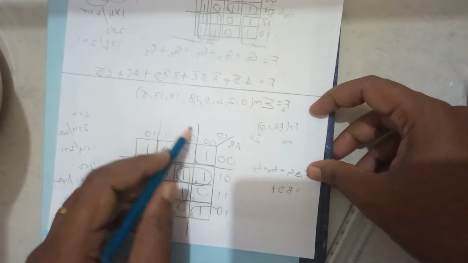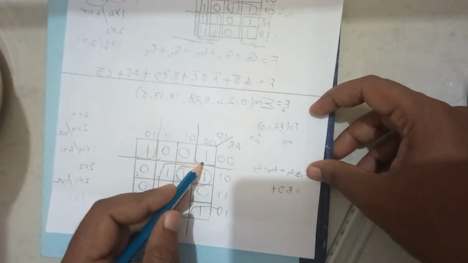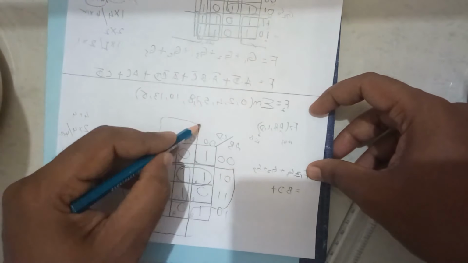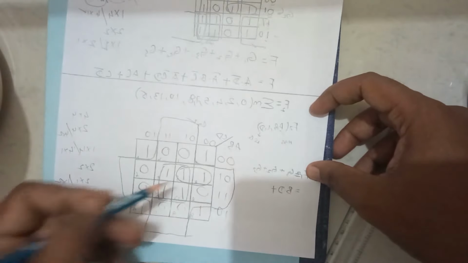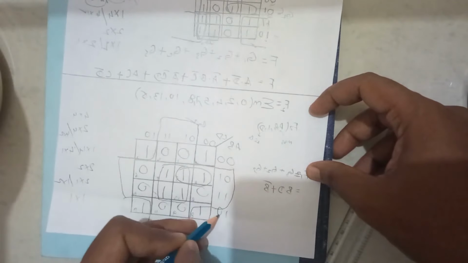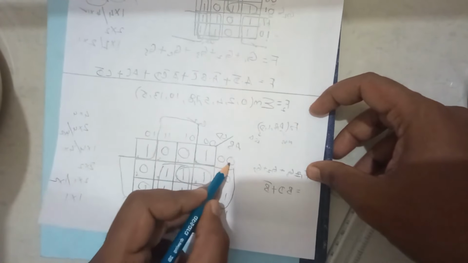Next, for this group, this is one group, right? So let us assume that this is my group 2. If I consider this as group 2, now tell me which is the common row term. B bar is the common term, because 0 0 is there for B term only, not for the A term.